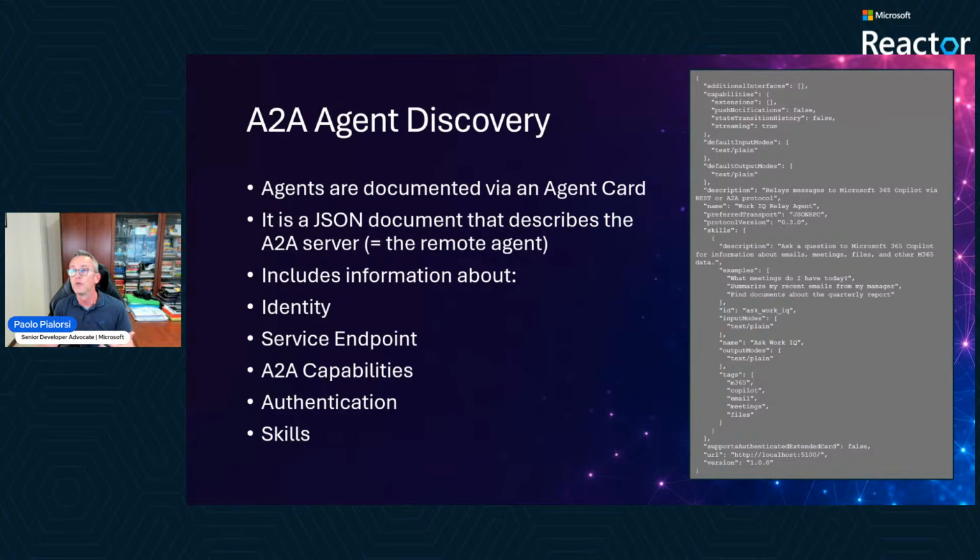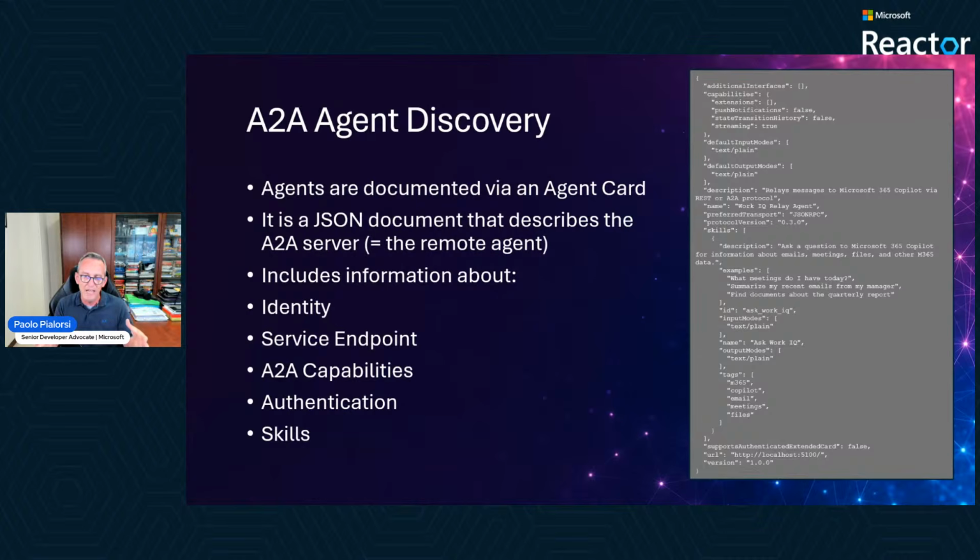In order to consume an agent over A2A, we need to have authentication and security in place, or at least it is highly recommended. And in the case of WorkIQ, we definitely have it. And potentially, we could also have a set of skills which let the consumer agent know what the remote agent can do from a skills perspective.